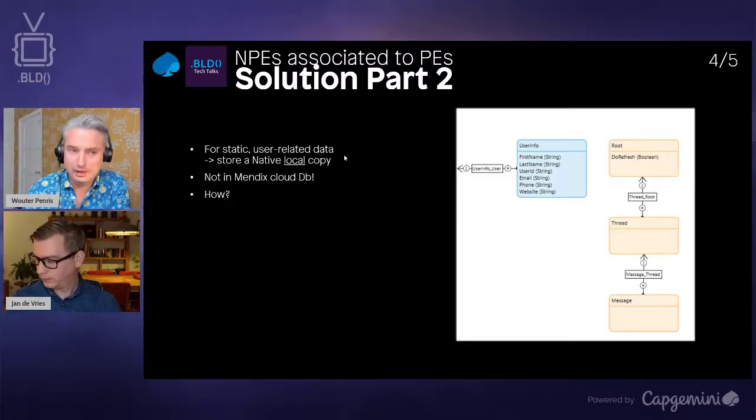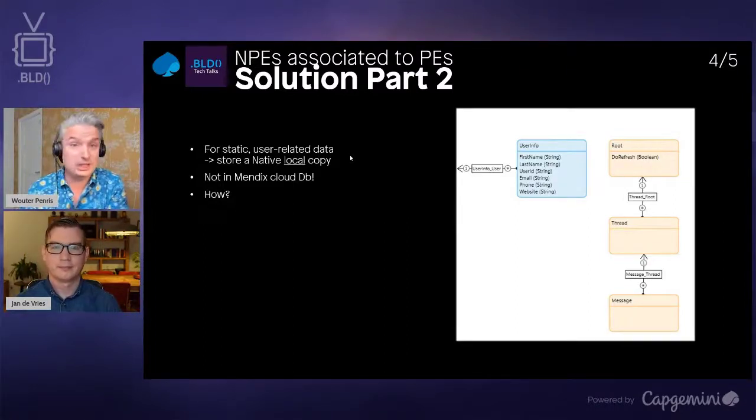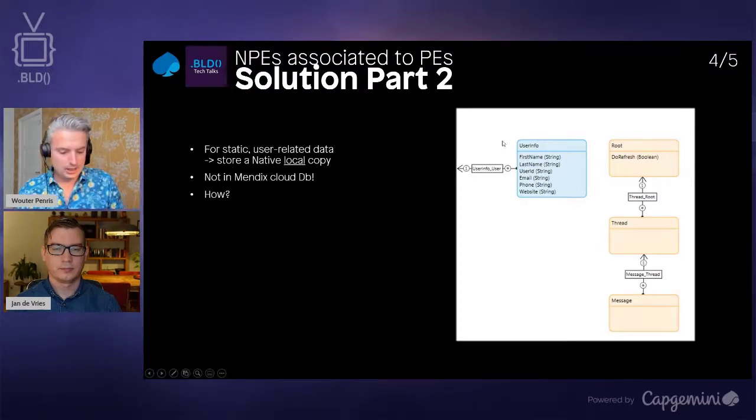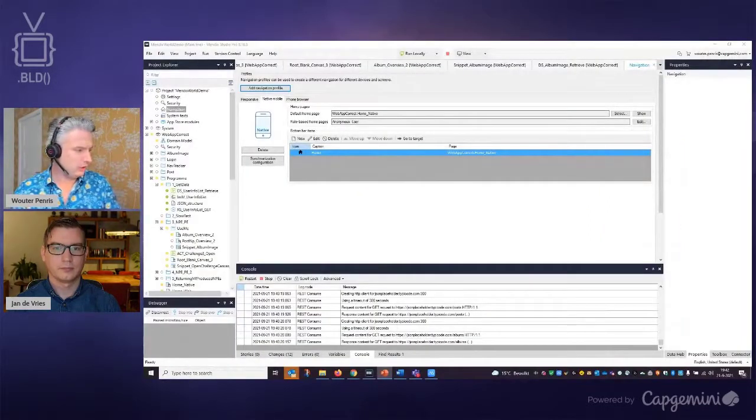But especially information such as a user's own name, email, stuff that is GDPR sensitive. That is information that we do not want to have within the Mendix cloud. Just to show you that slide again on how our setup was.